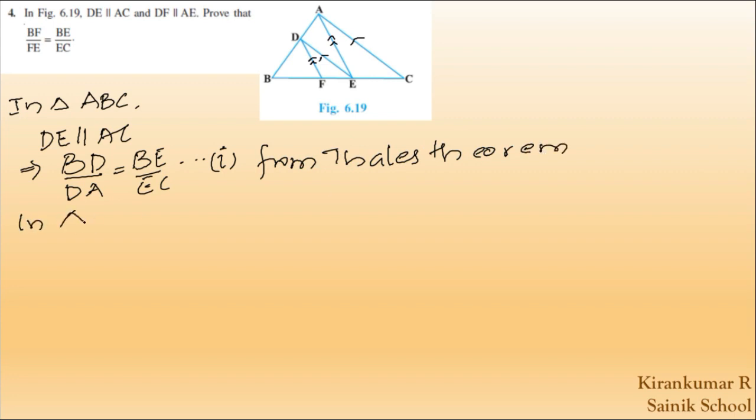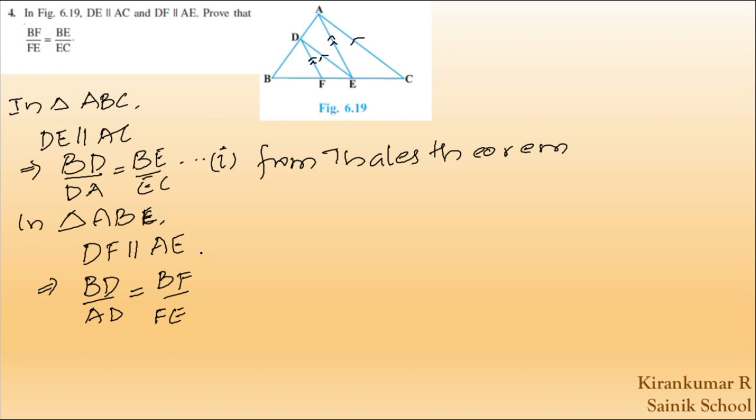Now I'll consider the triangle ABE in which DF is taken parallel to AE. If DF is parallel to AE, I get BD upon AD equal to BF upon FE. I'll name this as 2.